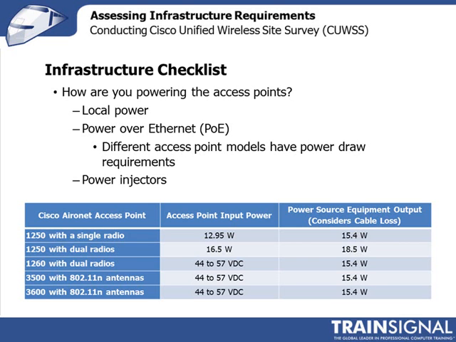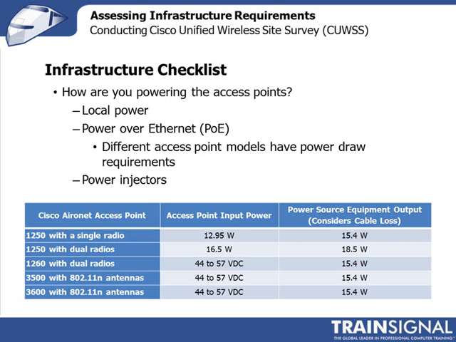So if the Ethernet cable that's going to be powering your access points is over 100 meters long, you need to start thinking about power injectors. And power injectors, as the name suggests, inject power into the Ethernet cable. But power injectors need to be powered as well. So you need to look at where your power source is and where you can insert a power injector to make sure that your access points have sufficient power.